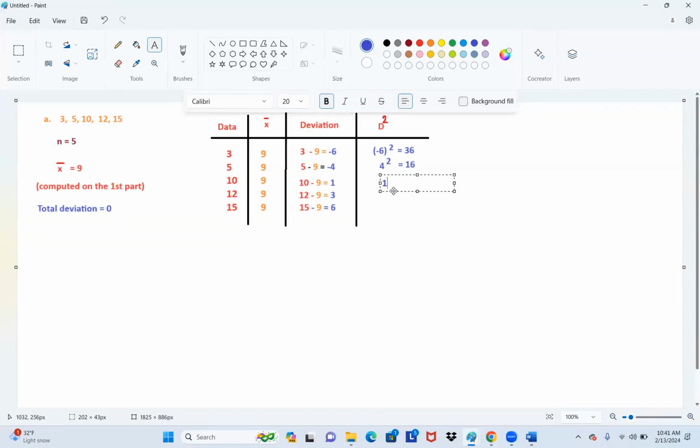And then 1 squared equal to 1. Are we good? And 3 squared equal to 9. And 6 squared equal to 36.